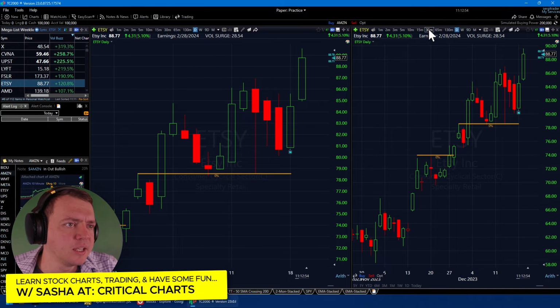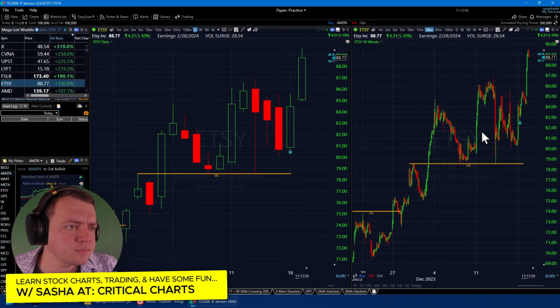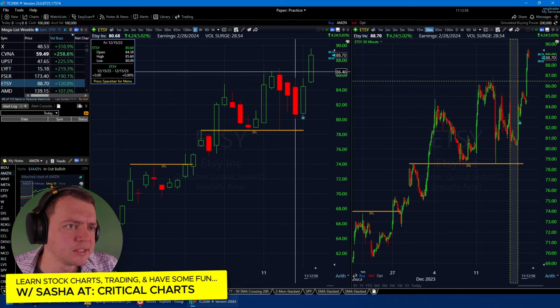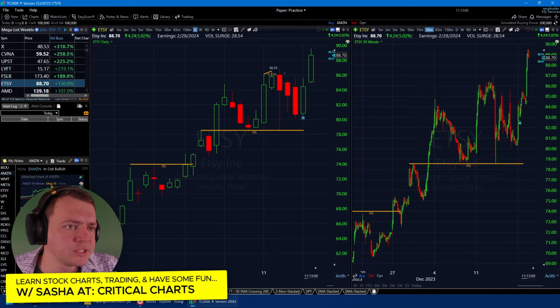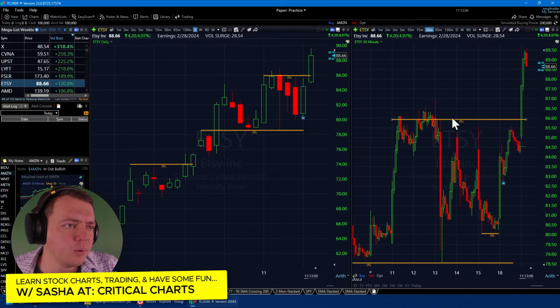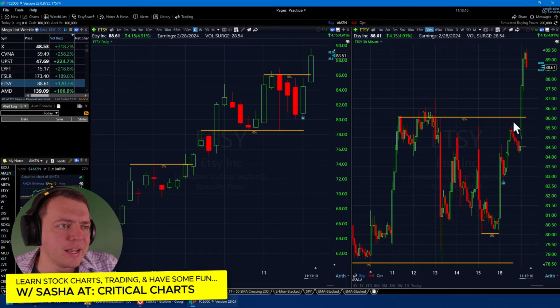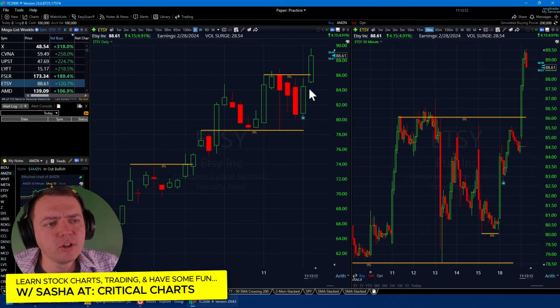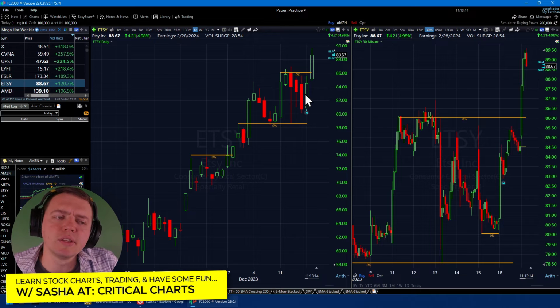So there's the daily, and here's a 30-minute. Now what you'll be able to see is, okay, if I draw a support resistance line here, it's right there. And it shows you, okay, looking at the shorter time frame, that could be the entry point. And the long term also looks like it's trending to the upside. So having those two time frames is handy.